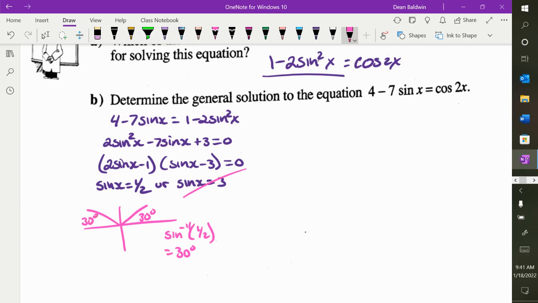So I get 30 and 150. They want the general solution. What do you do for general solution? Add period. What's the period of a sine graph? 360.